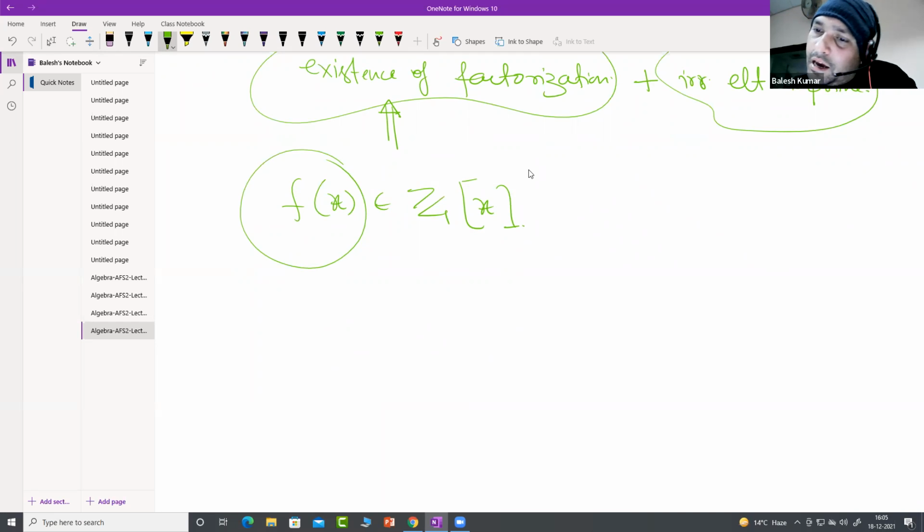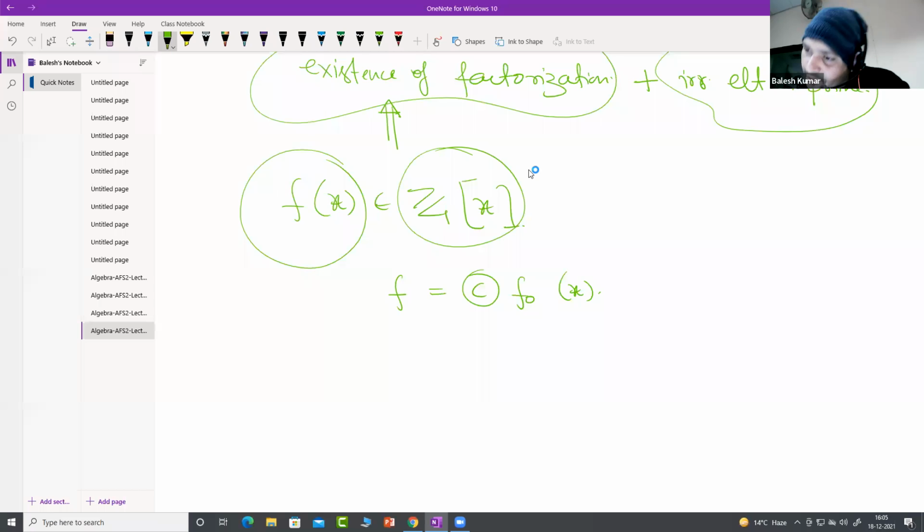If this polynomial has a certain GCD, then we can write f as some constant c times f0, where c is an integer. Now this integer can be written as a product of prime numbers, so it has a nice factorization, and prime elements are again irreducible elements inside Z[x]. One can check that, and maybe we are going to prove that part.